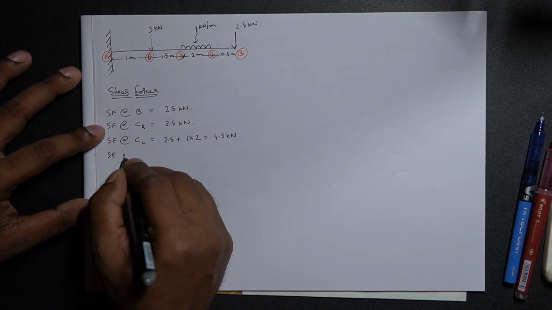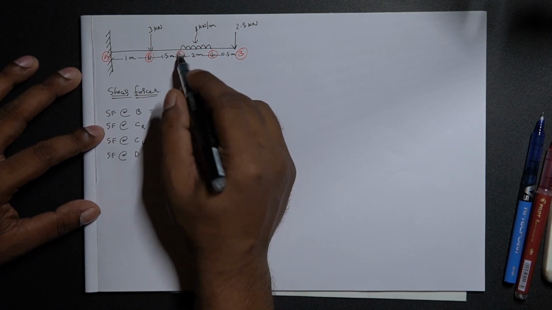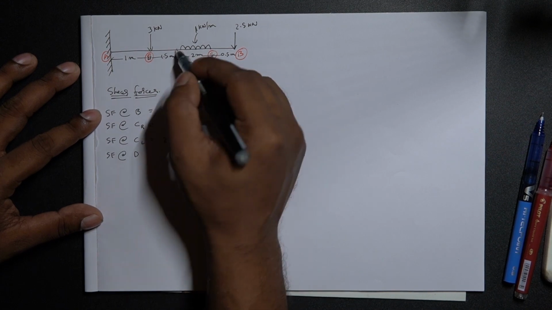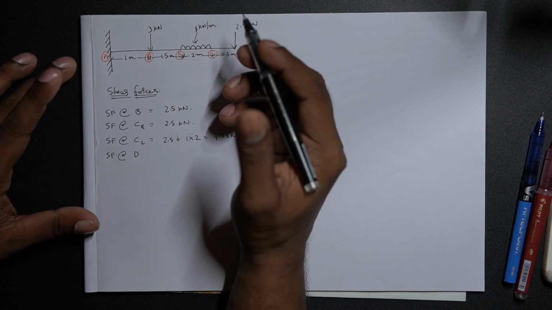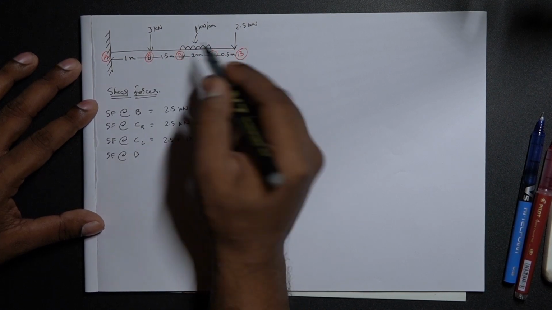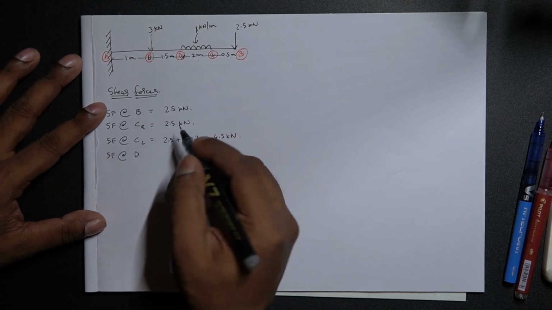Next, shear force at point D. Here we need not consider left or right of the point because it really doesn't make a difference, since this is not a determining point on a cantilever beam of how the load might be varying. So we can just do the same thing.